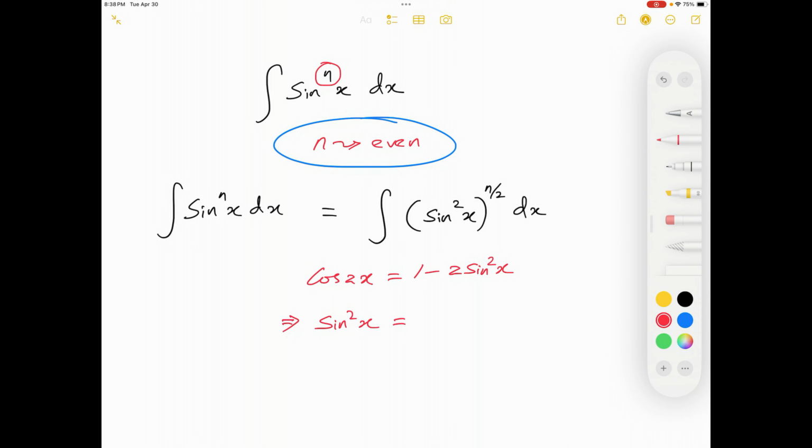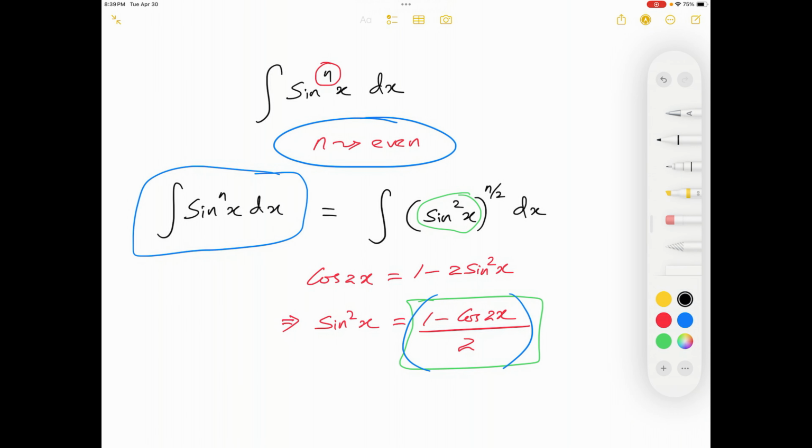Sine squared x will be equal to 1 minus cosine 2x all divided by 2. Now, what we are going to do is replace the sine squared x term right here by 1 minus cosine 2x over 2. And then we have to raise this function to the power n over 2 and then integrate that function.